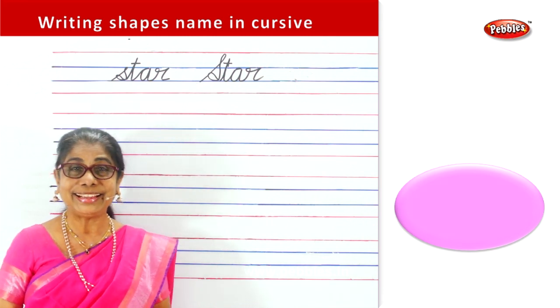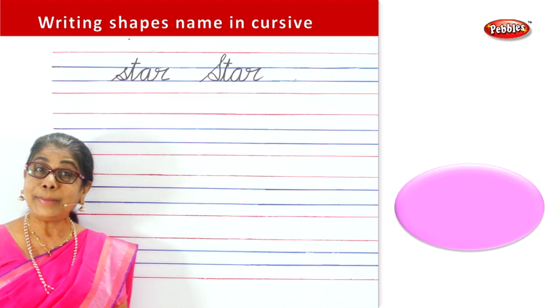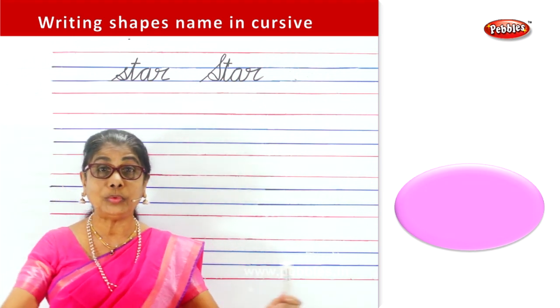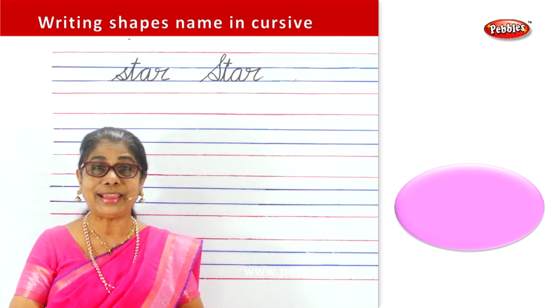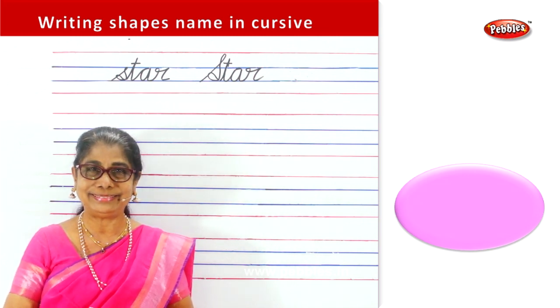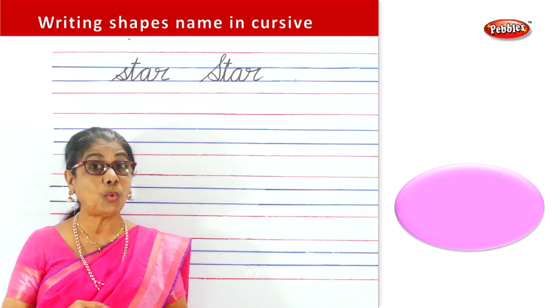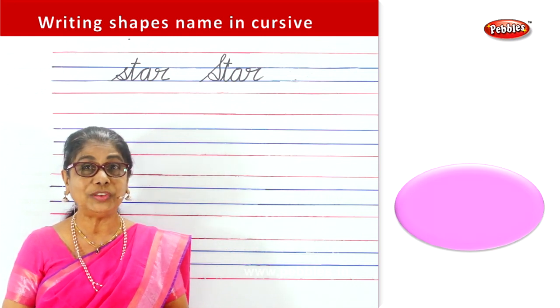Have you seen? Good. Mummy, I'm sure, has an oval shape dish on the table for serving. Oval. Sometimes even wall clocks are oval shaped.